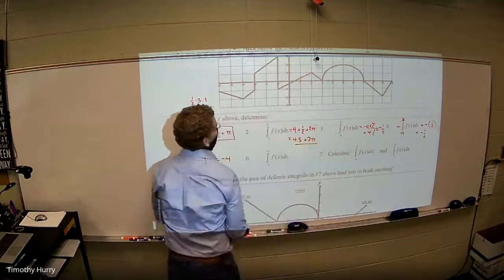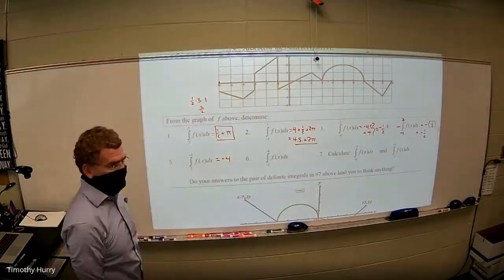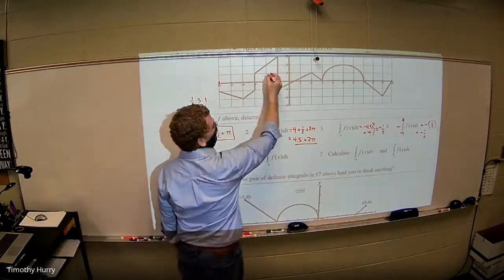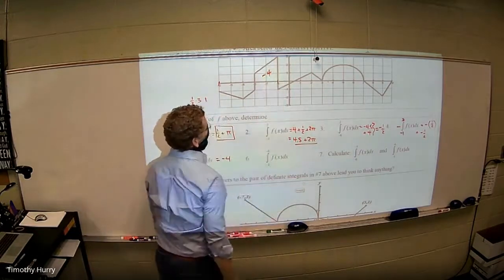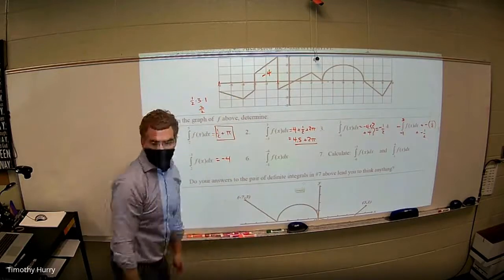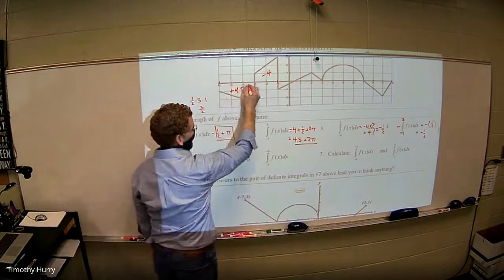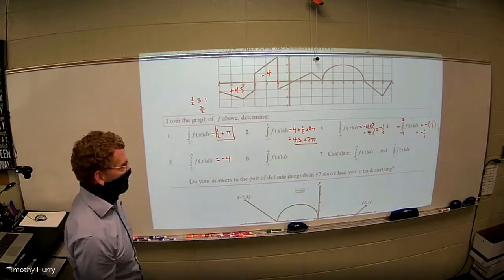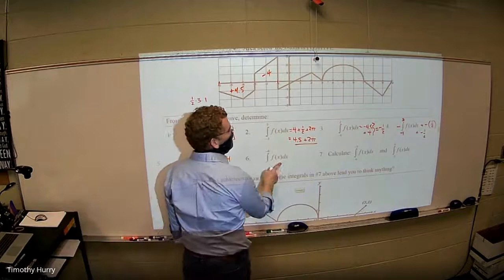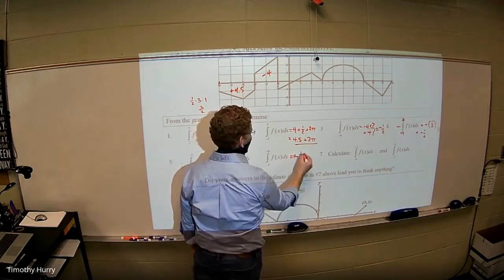Still canceling out. So -1 to -6. That becomes a what? That's a -4. And what was this before? -4.5. So now it is a +4.5. So +1/2.